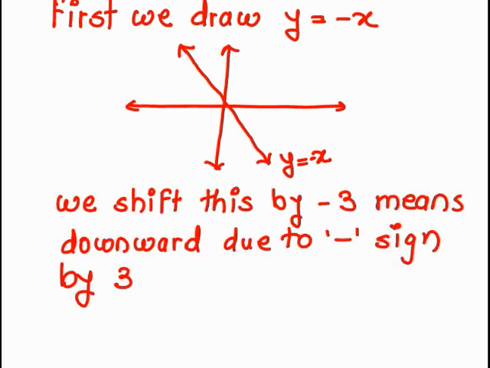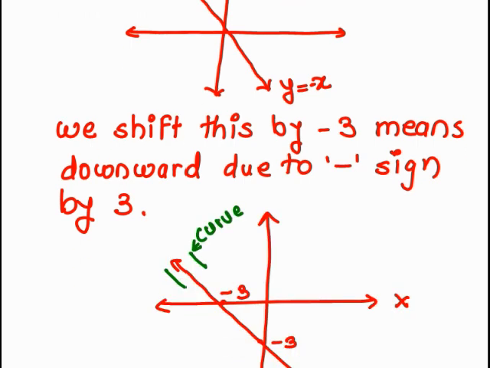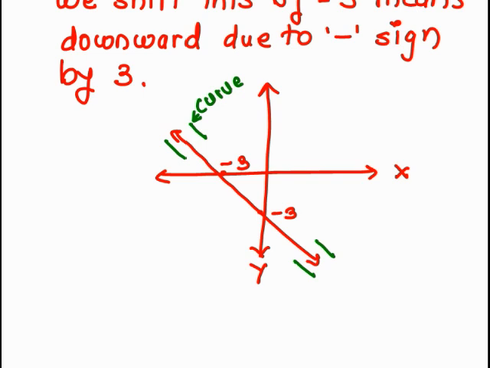So we shift this by minus 3, meaning downwards towards the negative side by 3. We get the asymptote like this, which touches the x-axis at minus 3 and the y-axis at minus 3. And these green lines are nothing but the possible curves. So this is how we can draw the asymptote.